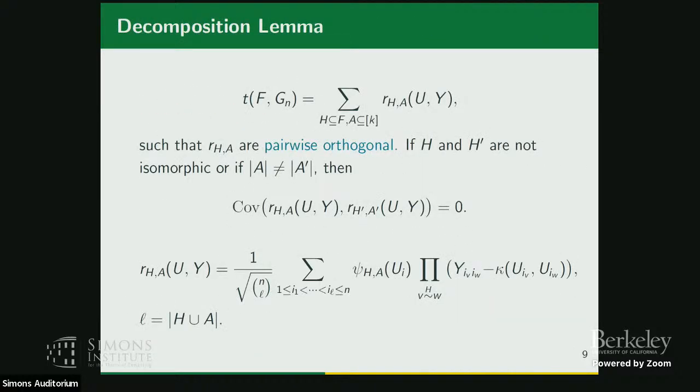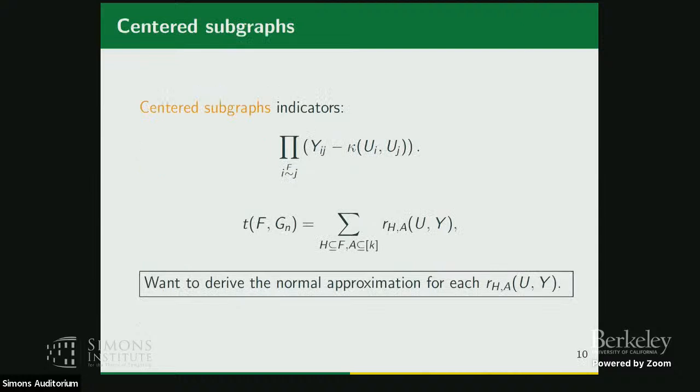We're not deriving a normal approximation for the R's. The R's are just an orthogonal decomposition. They're uncorrelated, but the R's themselves can, but need not, be normal. Maybe that's a typo there. Right, sorry.